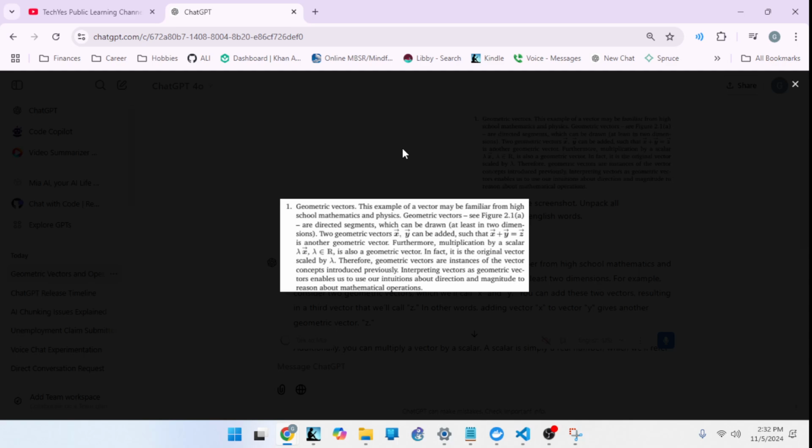Furthermore, multiplication by a scalar, we'll have that unpacked, is also a geometric vector. In fact, it is the original vector scaled by, and that's one of the key ones to have unpacked. Therefore, geometric vectors are instances of the vector concepts introduced previously. Interpreting vectors as geometric vectors enables us to use our intuitions about direction and magnitude to reason about mathematical operations.